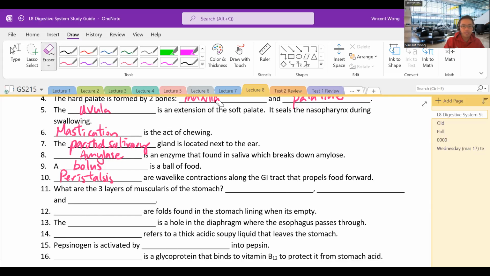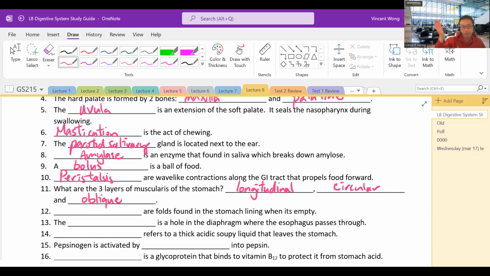Three layers of muscularis in the stomach. Okay, so it has the same two layers as everywhere else in the GI tract, the longitudinal and the circular. But there is an additional one that I told you about, the oblique.